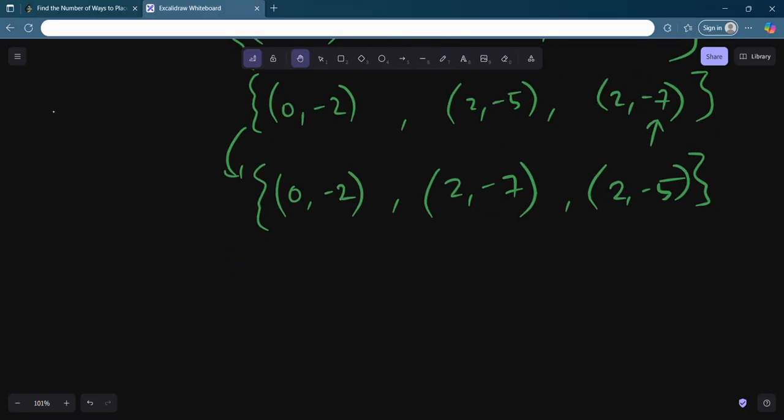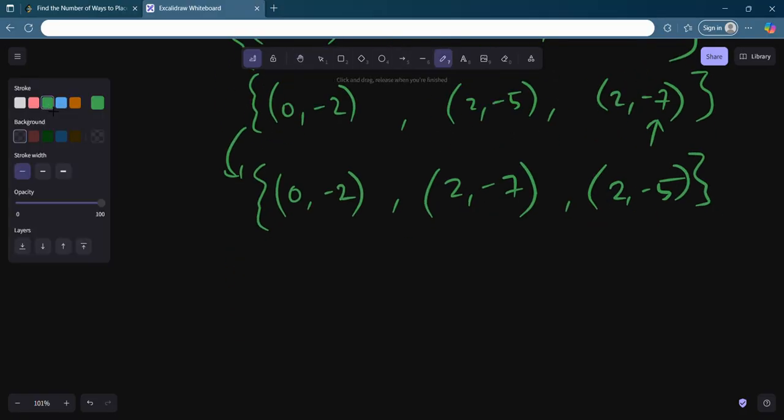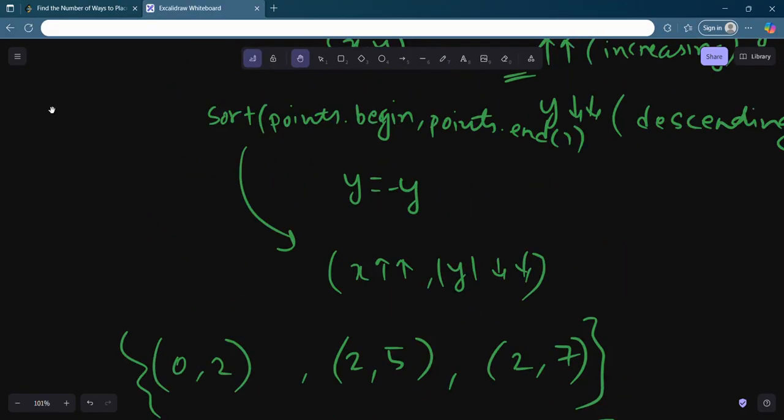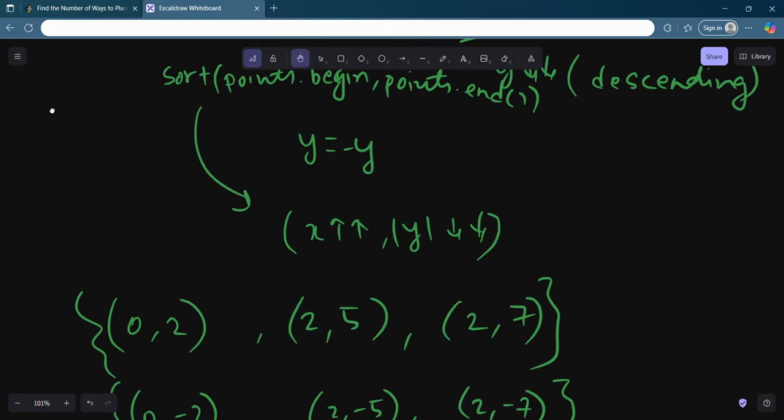If you remove these minus signs, you will get something like this, and you have sorted it in the desired fashion. You have increasing x order, and if x are equal, as in these two cases, you have decreasing y order. So without writing a compare function, you can easily sort it this way. This was a neat trick.